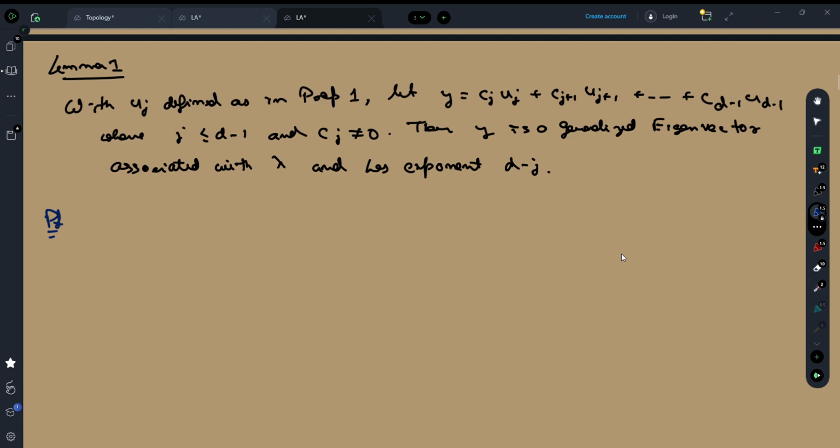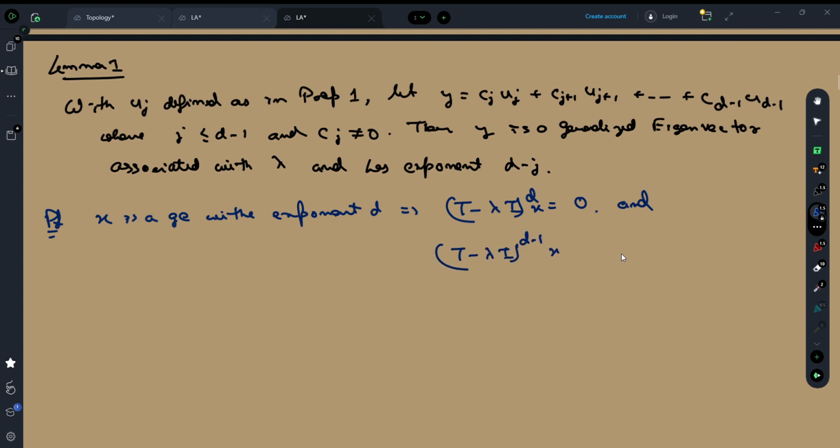First things first, we have the exponent of x to be d. Now we are obviously relating lemma 1 and proposition 1 throughout these statements. So x is a generalized eigenvector with exponent d, and that means from the definition that (T minus lambda I) to the power d of x is equal to 0, and d is the smallest positive integer for which this happens. So (T minus lambda I) to the power d minus 1 of x will obviously be non-zero.